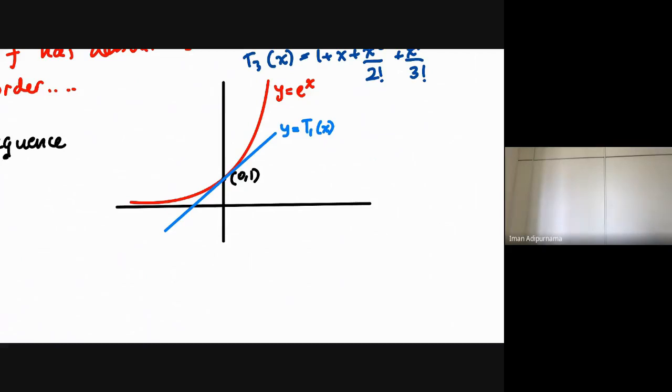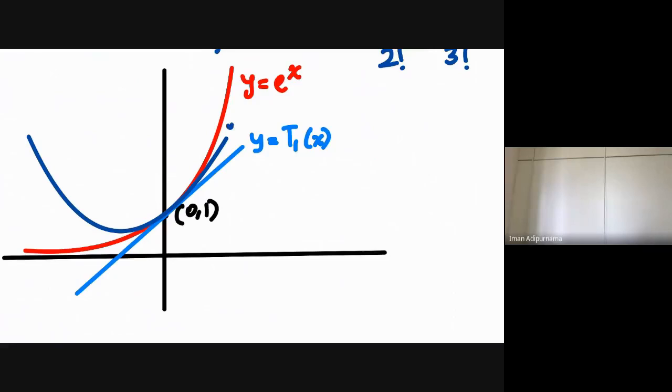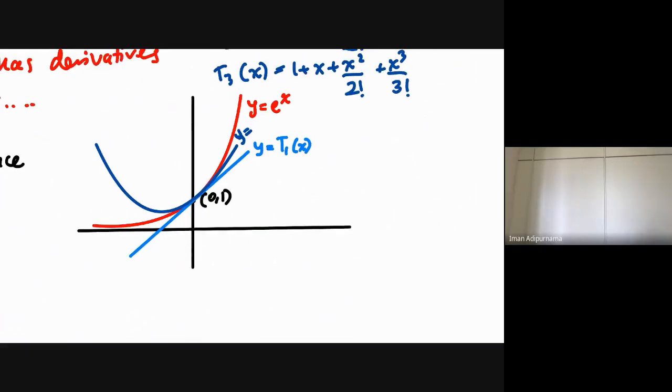And then the other one, maybe like that, and this will be y equal T2 of x.